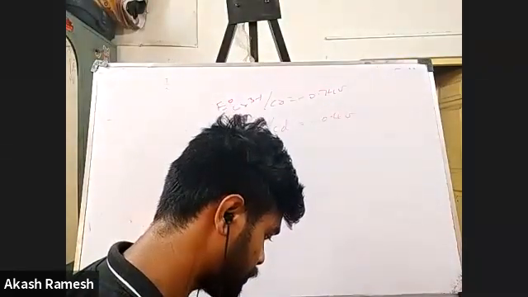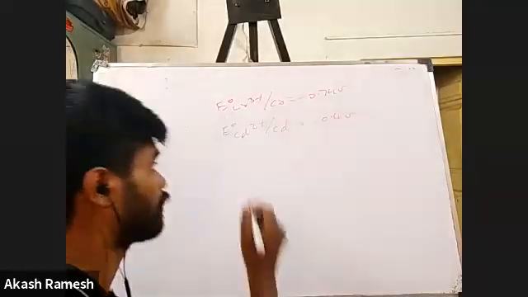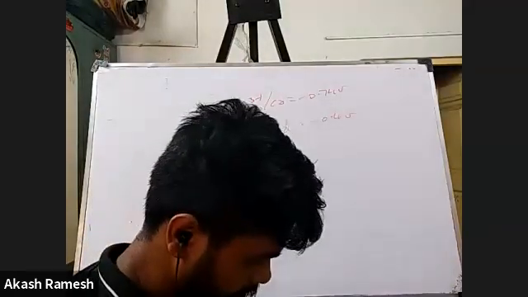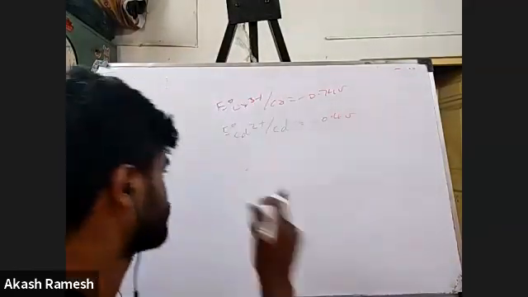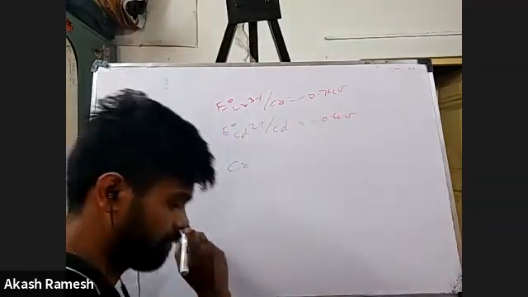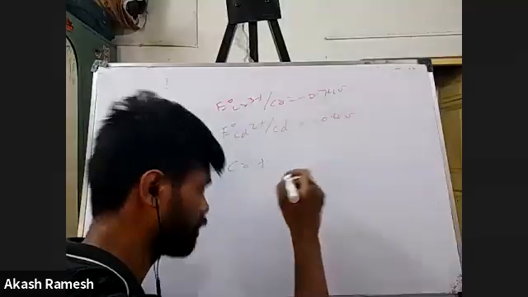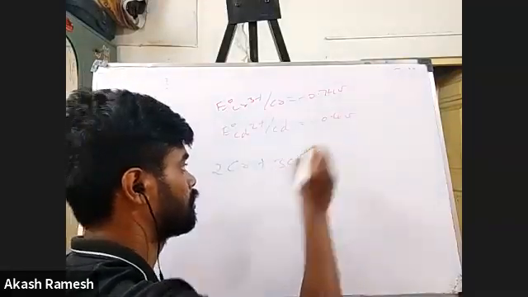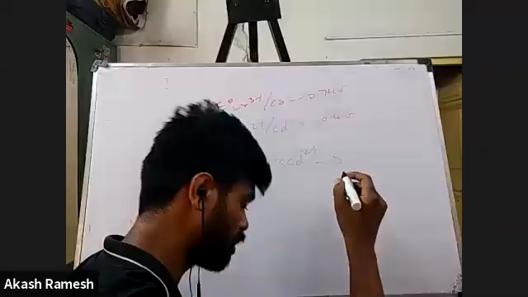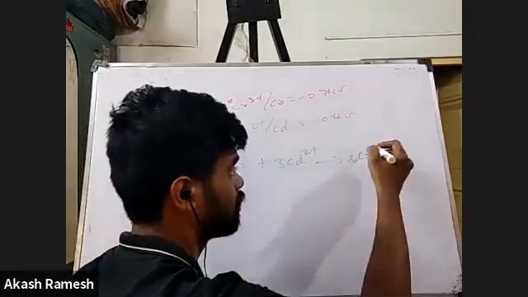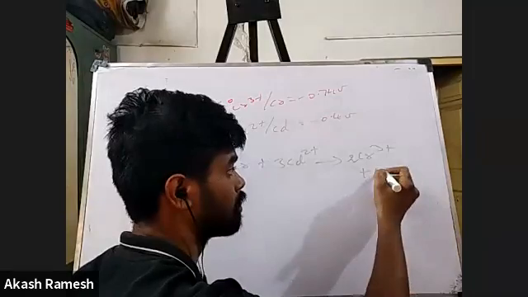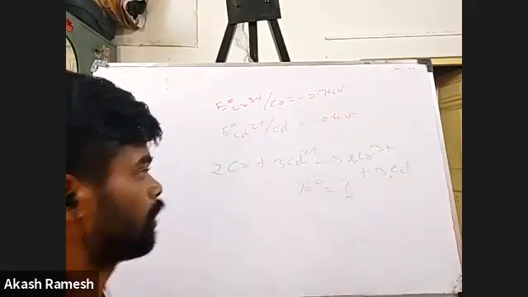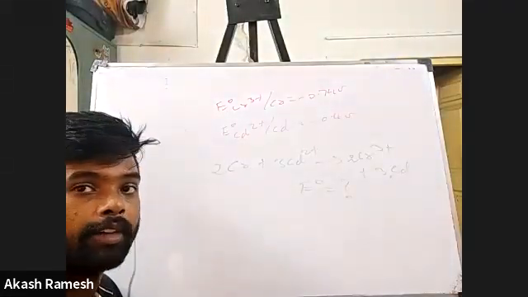And say I have to find the reaction 2Cr + 3Cd2+ gives 2Cr3+ + 3Cd. What is the E naught value for this?